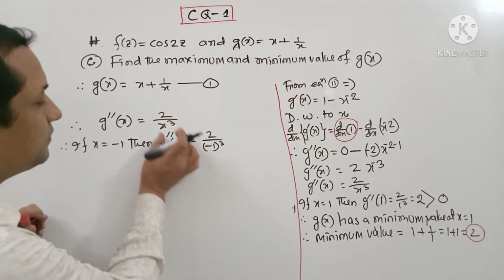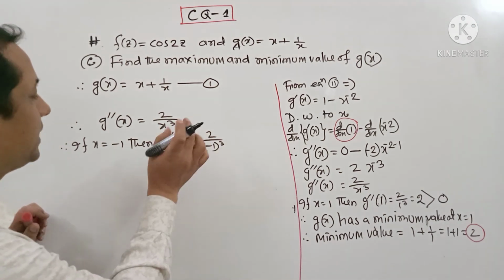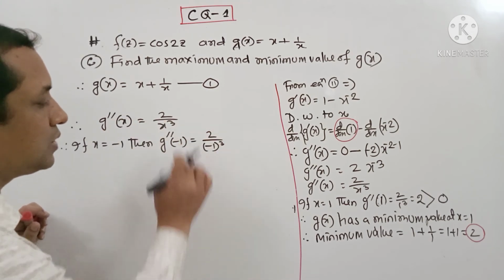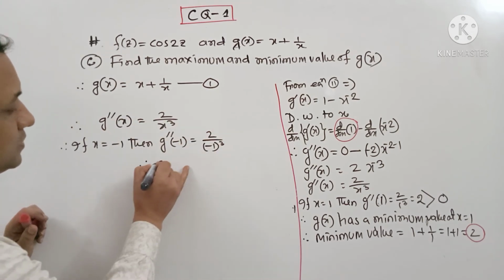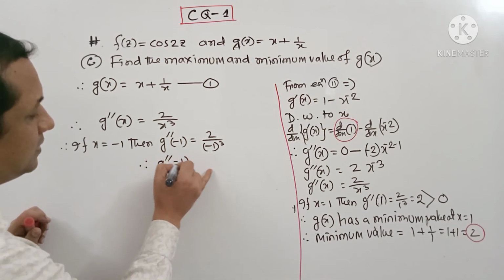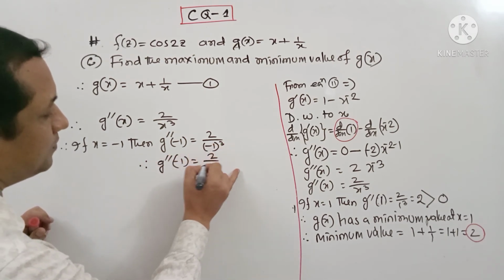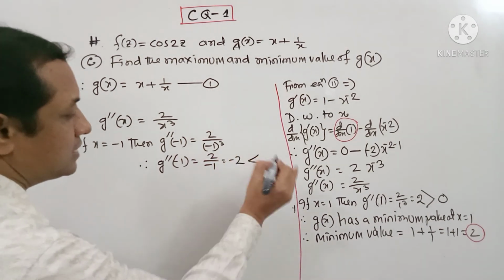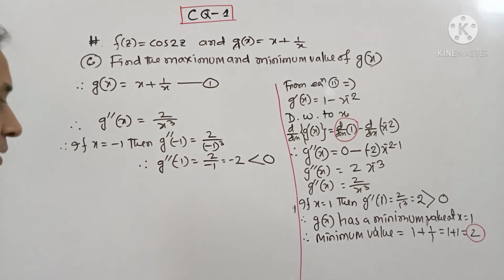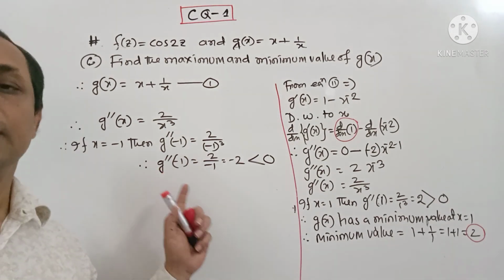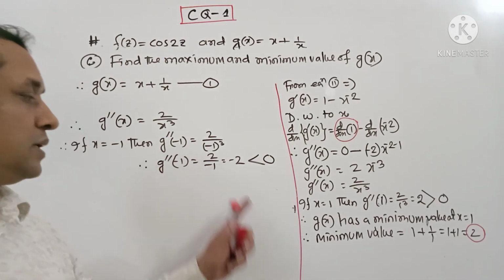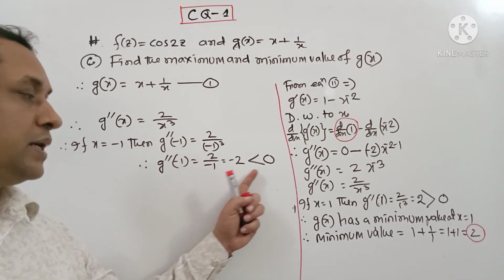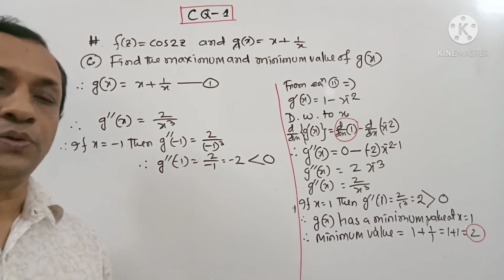Putting the value of x equals minus 1 in g double prime x, we get 2 by minus 1 whole cube. So g double prime minus 1 equals 2 by minus 1 equals minus 2. Minus 2 is negative, so less than 0.